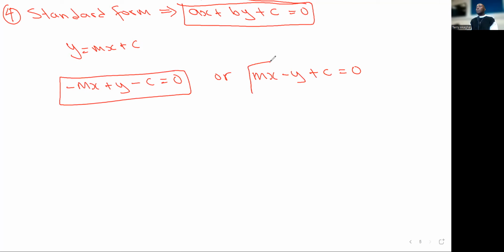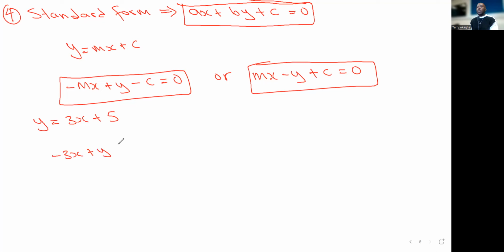So basically what happens here is that you are rearranging, but the only difference is that the coefficient of x definitely is the slope. So for instance, if we have y is equal to, let's give an example, 3x plus 5, and you were told to leave your answer in the standard form, what do you do? You take the 3x to the other side, so it's going to be minus 3x plus y minus 5 is equal to 0.